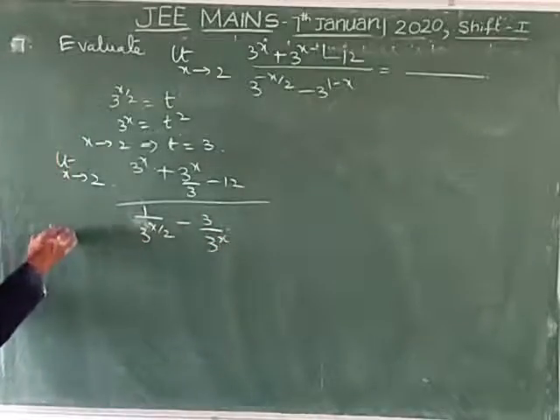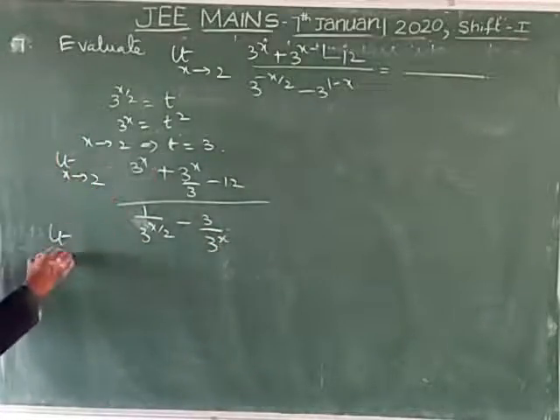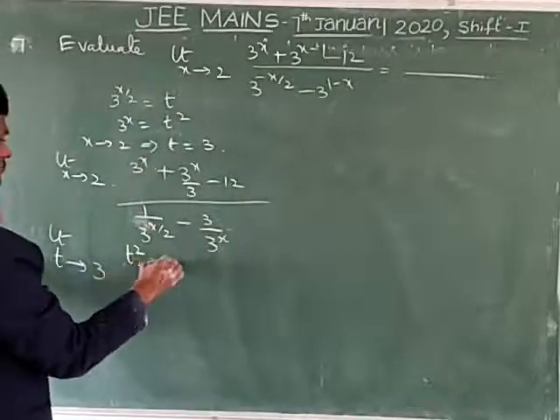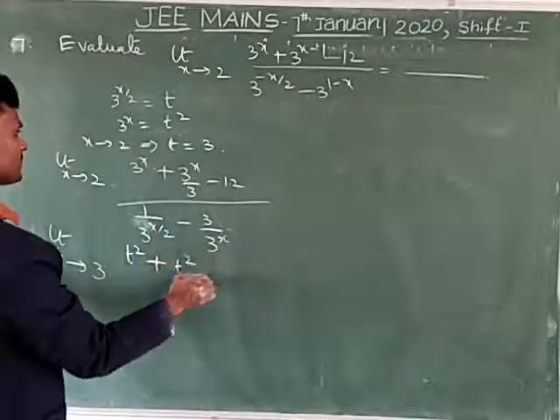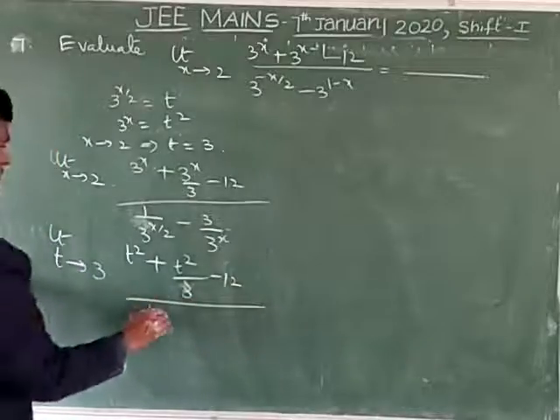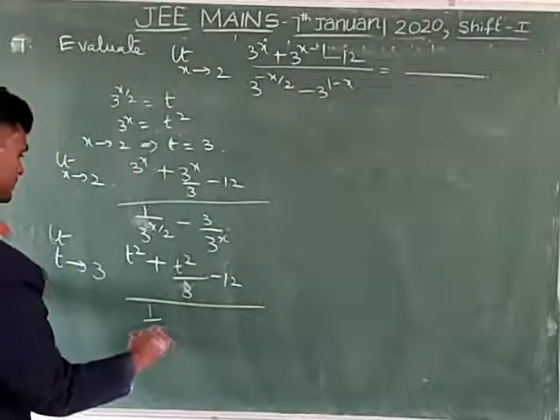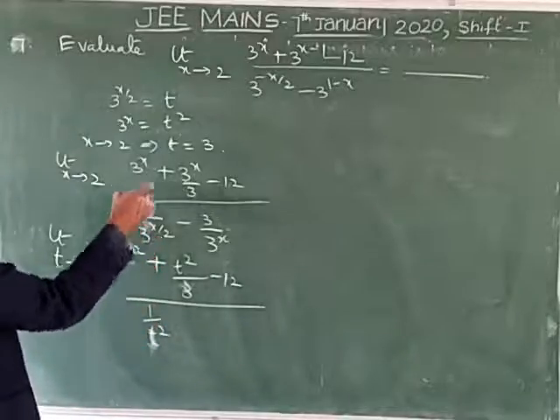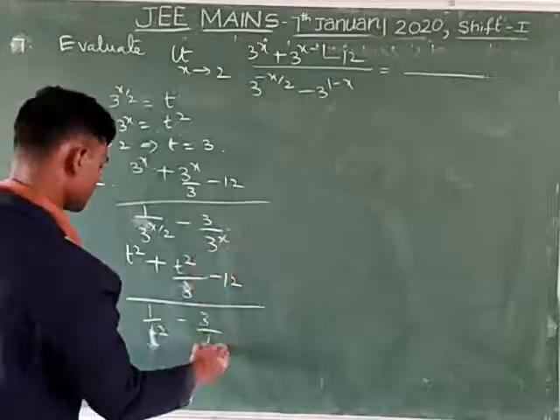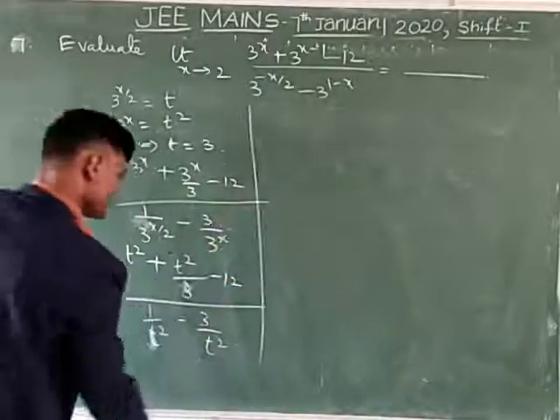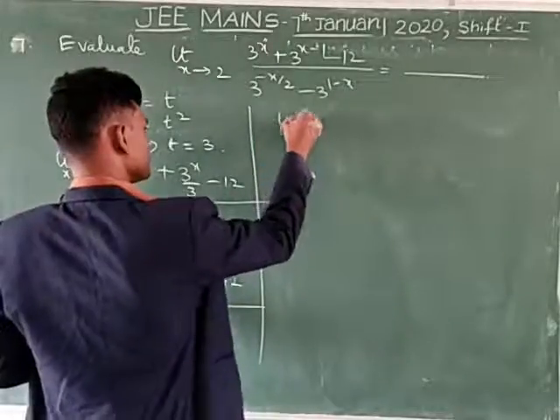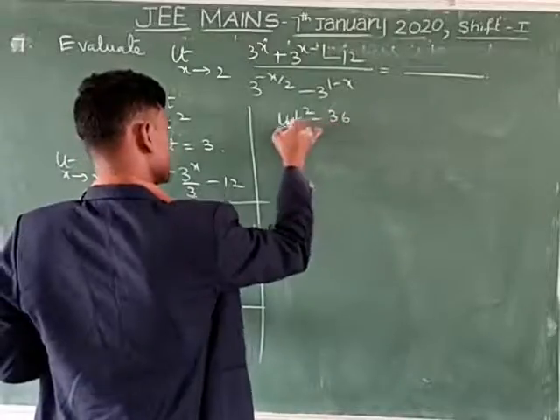Now limit, instead of x you have to take t tends to 3. For the numerator: t squared plus t squared by 3, minus 12, upon 1 by t minus 3 by t squared. Now you have to take LCM here. 3 ones are 3 plus 1 is 4, t squared minus 36.